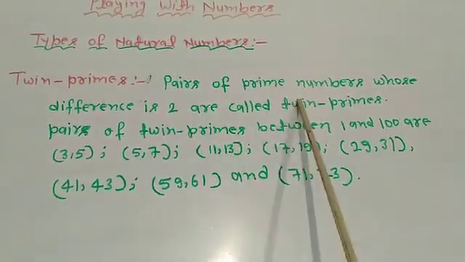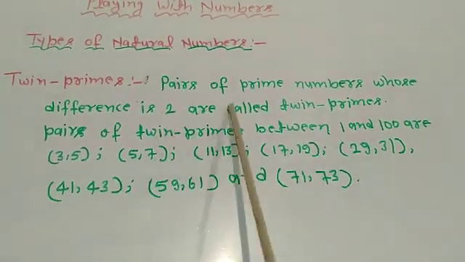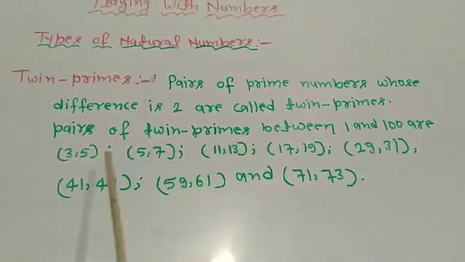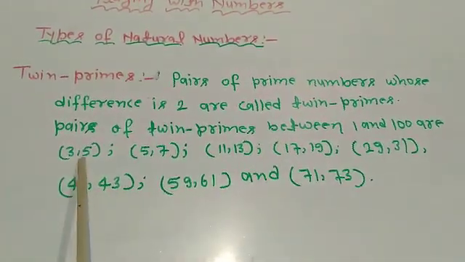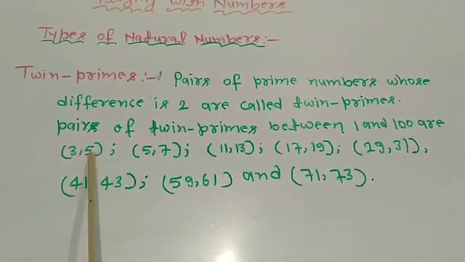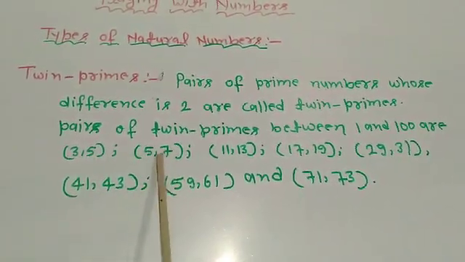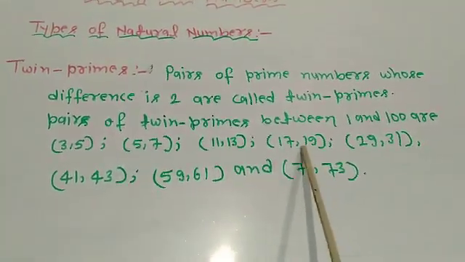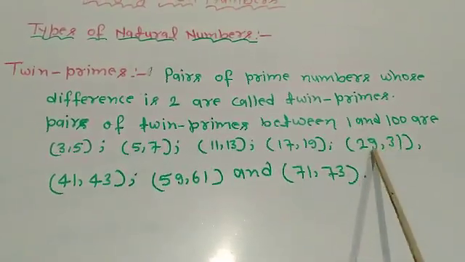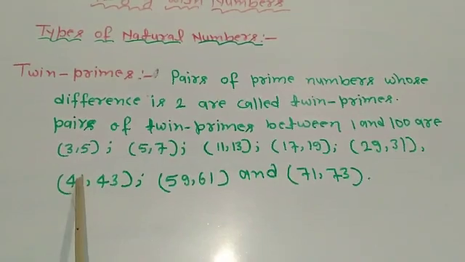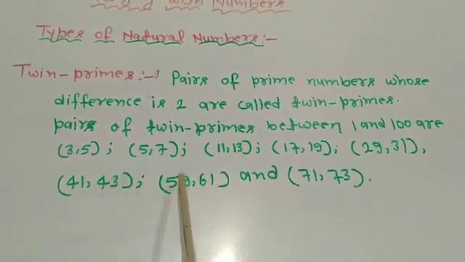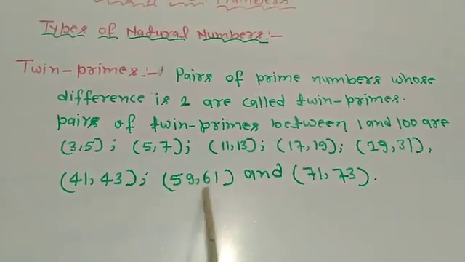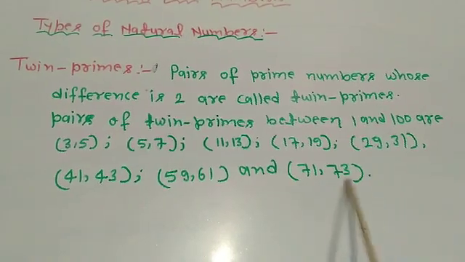Some twin primes are 3 and 5, difference 2; 5 and 7, difference 2; 11, 13, difference 2; 17, 19, difference 2; 29, 31, difference 2; 41, 43, difference 2; 59, 61, difference 2; 71, 73, which also differ by 2.